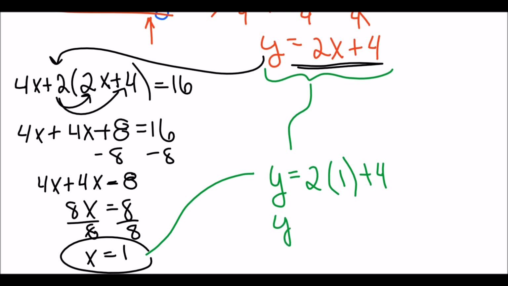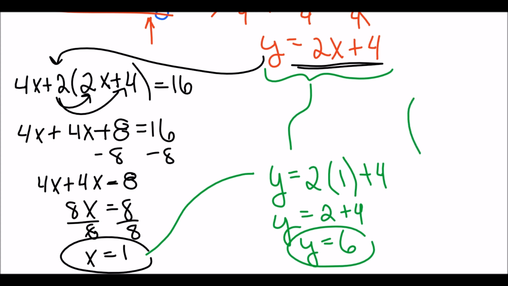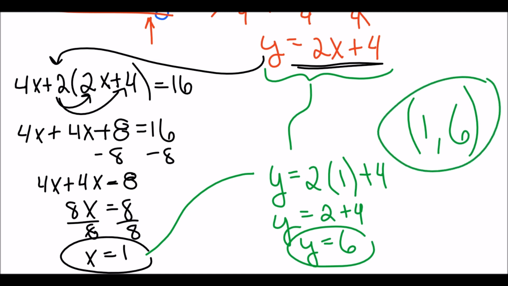And now we just simplify. y = 2 + 4, y = 6. So our solution to the equation is (1, 6). And that is where our lines are going to cross. And that's all there is to it.